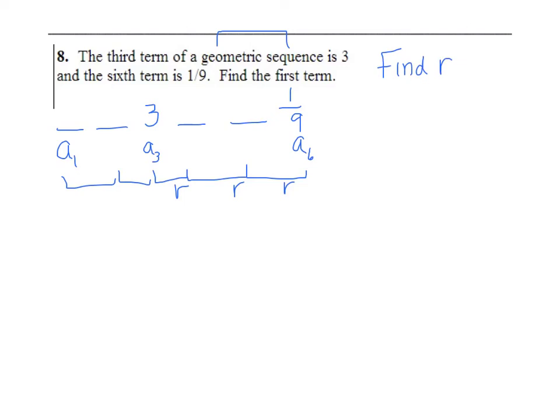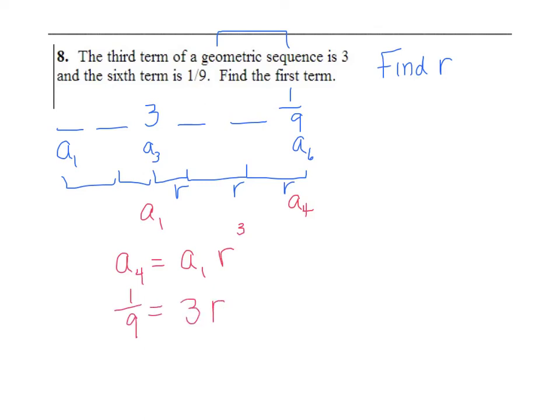So to do that, instead of starting at a sub 3 and go to a sub 6, I'm going to pretend that this is a sub 1, 2, 3, and a sub 4, and use that in my formula. I'm going to say a sub 4 is equal to a sub 1, r, to the 4 minus 1, which is 3. And I know what these are. So I know that 1/9 is equal to 3.